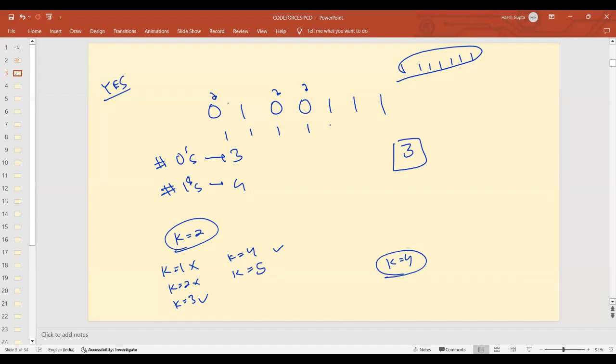It will become 1, 1, 1, 1, 1, 1, 1. And for the remaining two operations, first you will convert this 1 to 0 and then this 0 back to 1. So for two flips, it does not change. So I can say that for k equals 5 also, the answer is always possible. Does everyone agree with me on this? For k equals 5, the answer is possible. What about k equals 6? Is the answer possible?